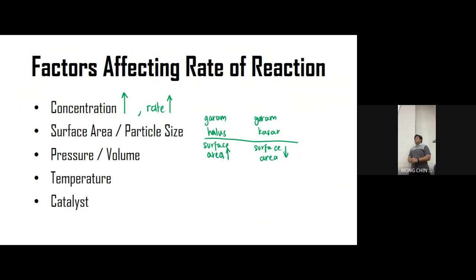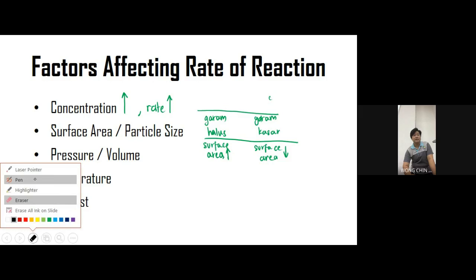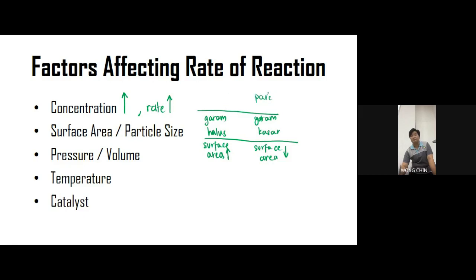Particle size, right? Coarse salt will look big. In other words, the particle size, very simple, we just use salt. The particle size is big over here. In the other words, the particle size over here is small. Alright?